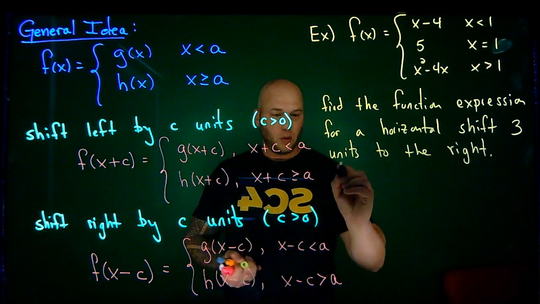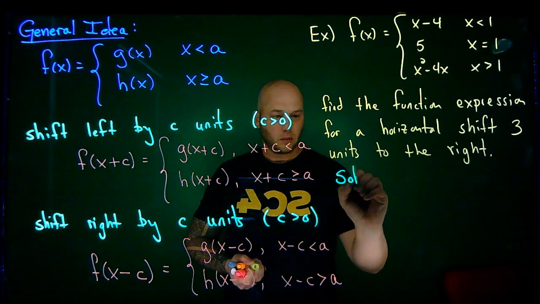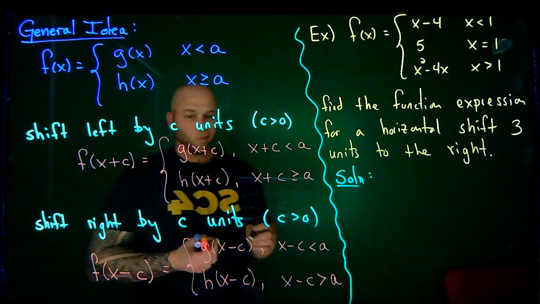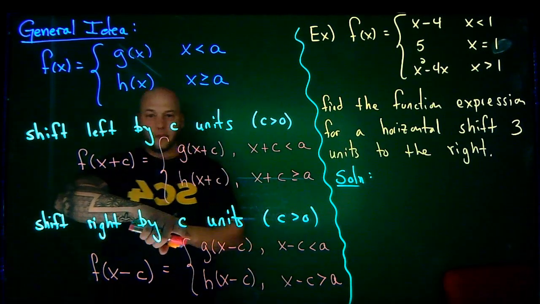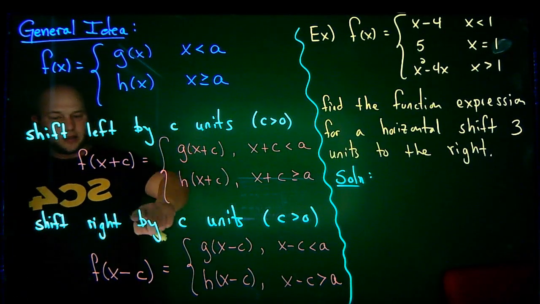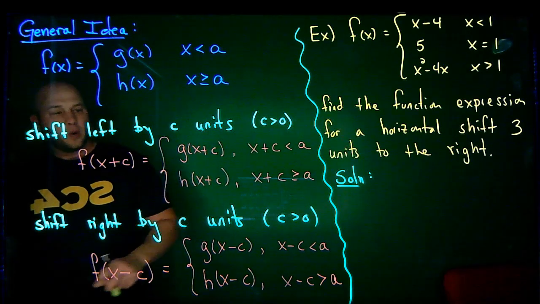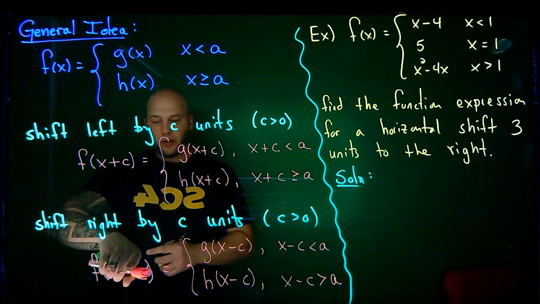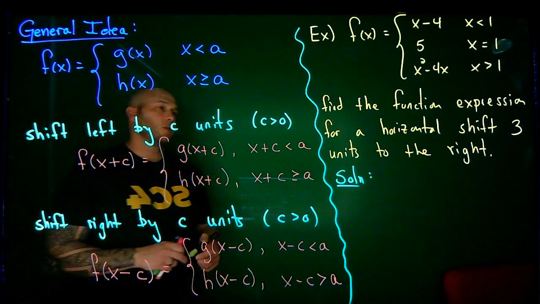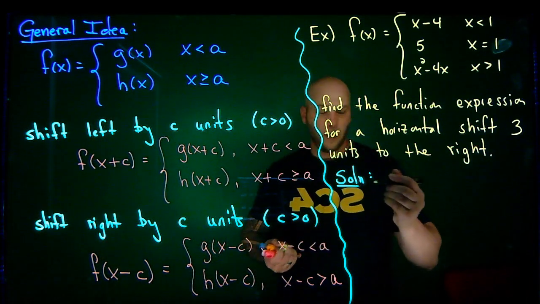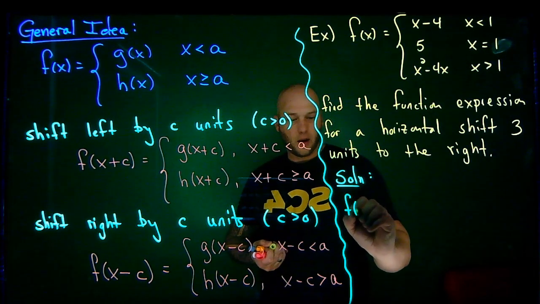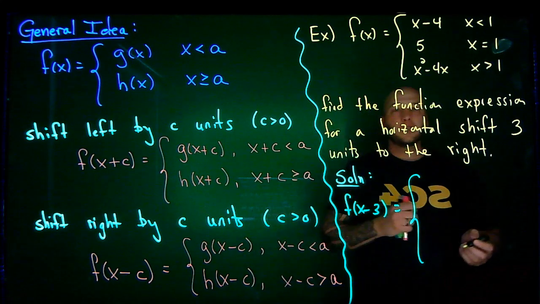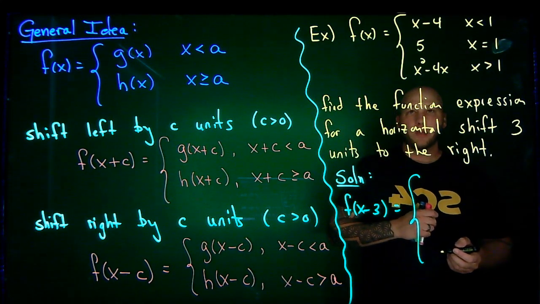Okay, so solution. If I look at my little cheat sheet over here, I see that shift to the right by c units, where again c is positive, I replace the input variable with x minus c. In this case, it will be replaced with x minus 3. And I get f of x minus 3 is equal to, every single occurrence of x gets replaced with x minus 3.